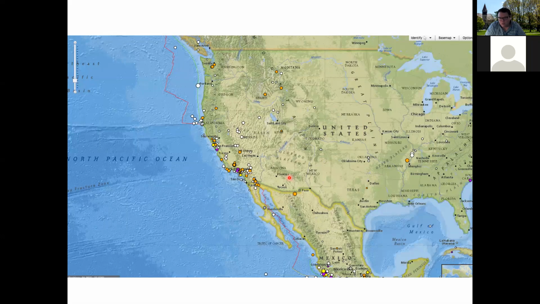So just to give you a little sense of major earthquake activity in the United States in the last few decades. These are just relatively large earthquakes. Notice that most of the earthquake activity, and they don't even show the eastern part of the United States, is along the western margin of the United States.